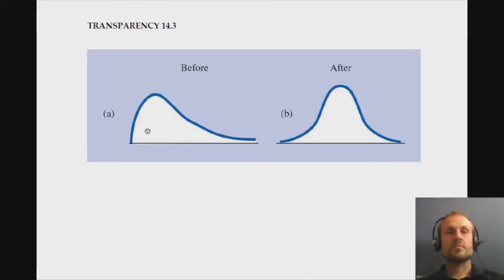So if I have a skewed distribution before, a square root transformation could make it look like a normal distribution. And I'm not changing the information, I'm just making them look different so I can use my techniques. I can easily go between these by way of my square root.